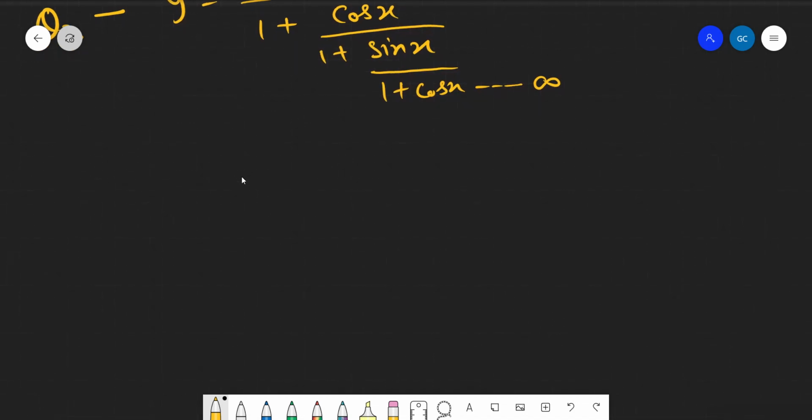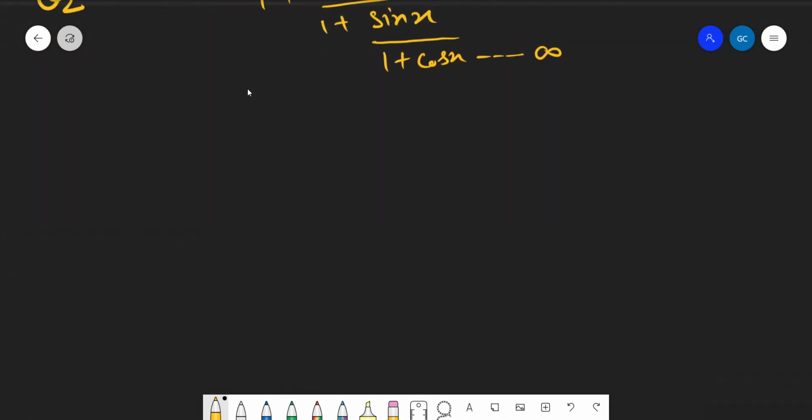Solution, given that y is equal to x to the power x to the power x to the power x, till infinity, and the root of it.